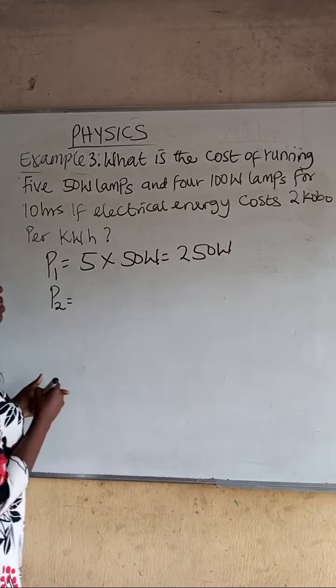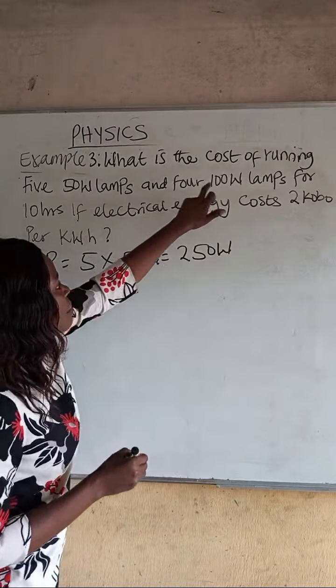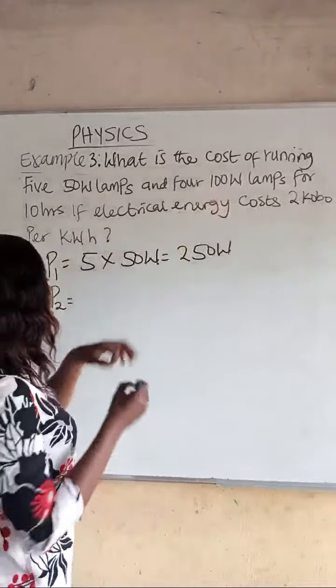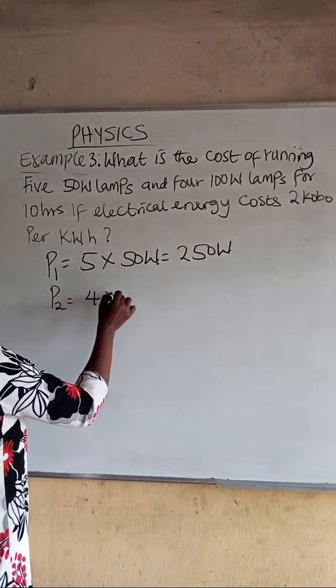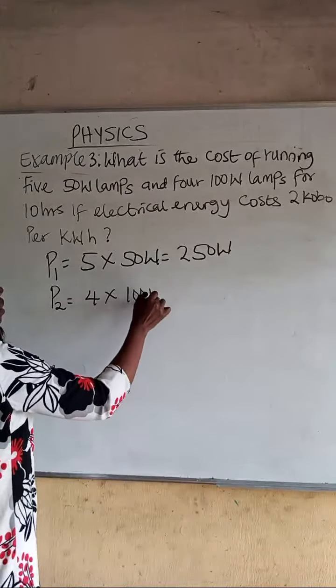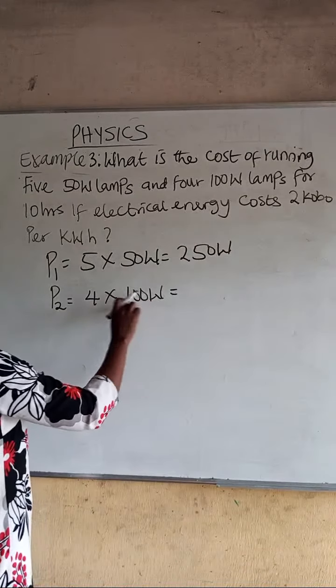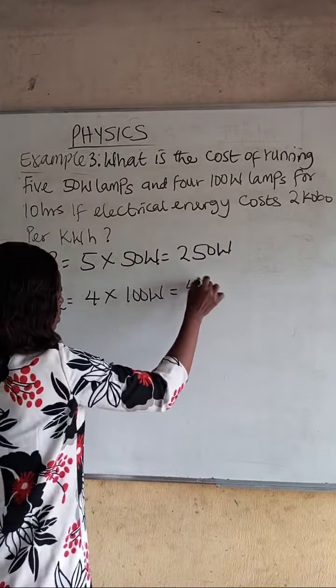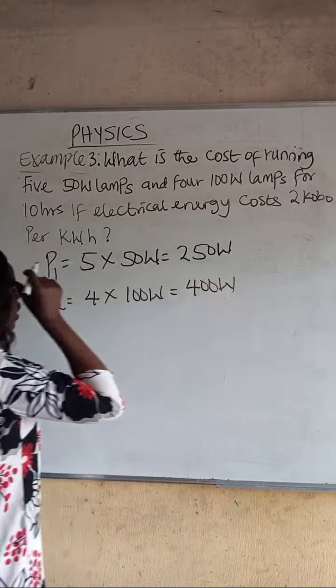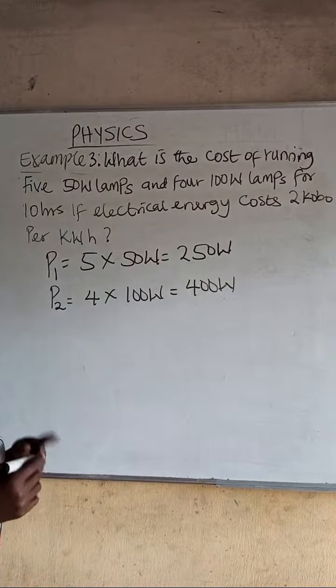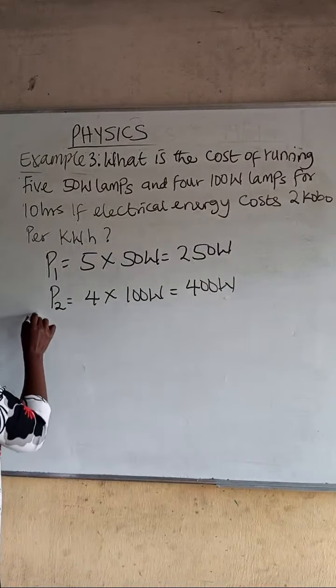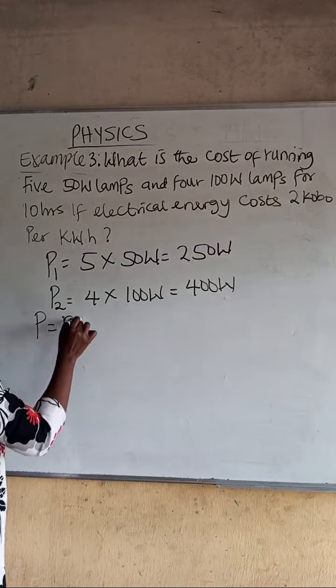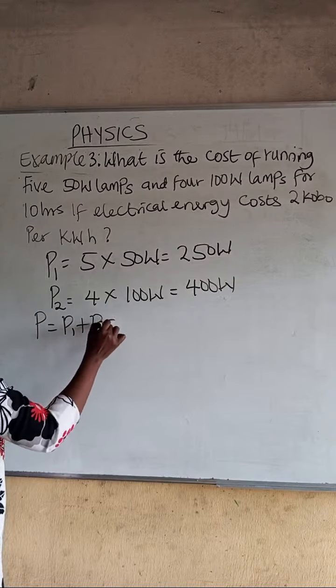Then the second one, we have 4, but each of them can consume 100 watts. So this is 4 times 100 watts. It's going to give me 400 watts. Now, what are we going to do? The total power is P1 plus P2.